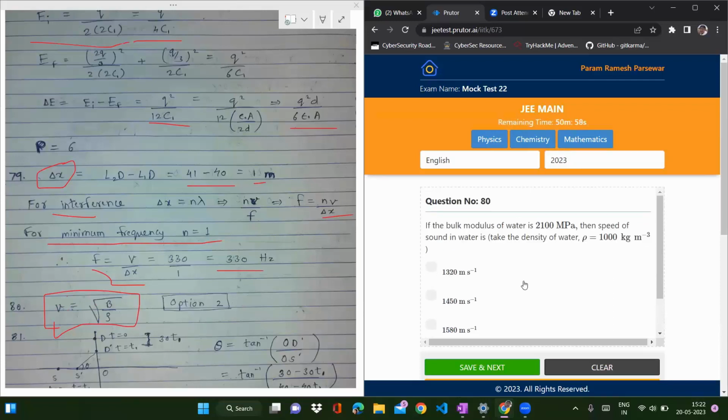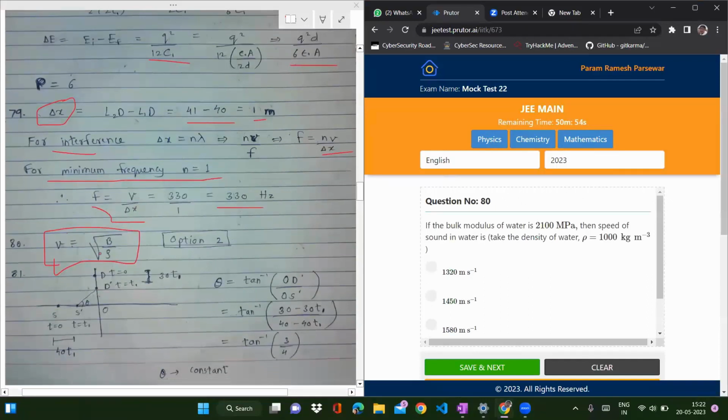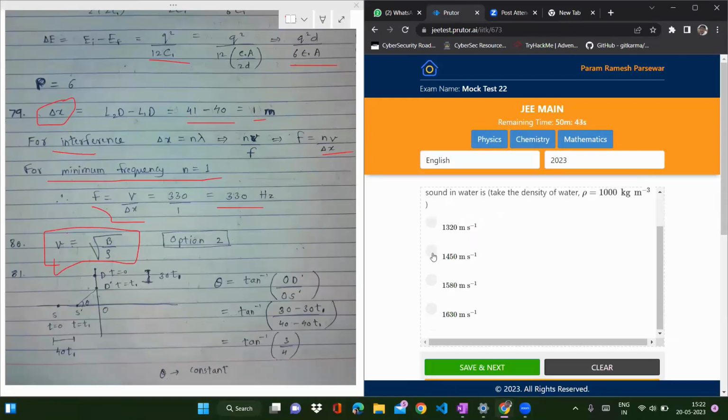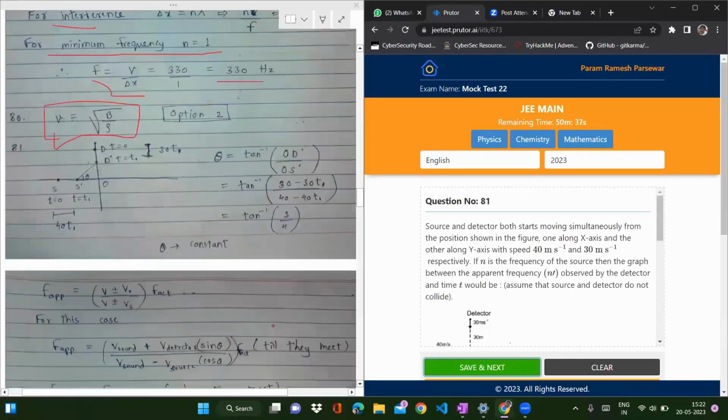So it is very necessary to remember all the formulas. So v equals under root B by rho is the formula. Just put the value of 2100 megapascal and rho 1000 kg per cubic meter, and you will get the answer, option 2.